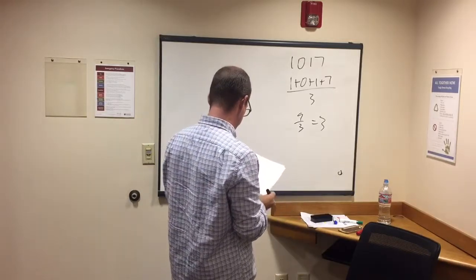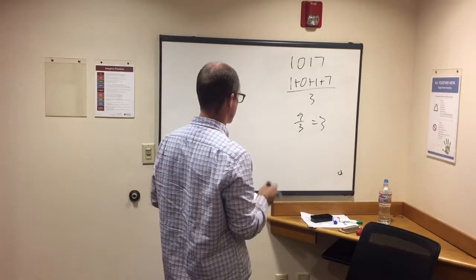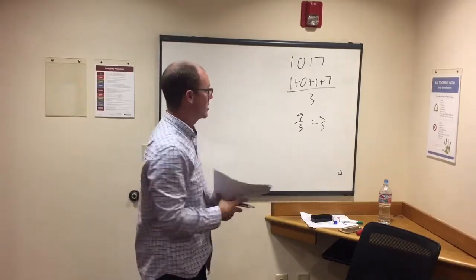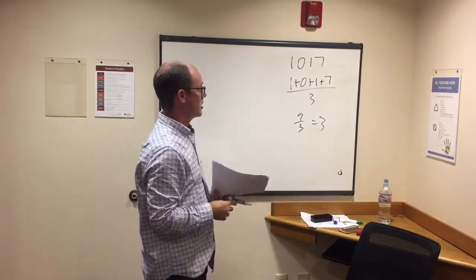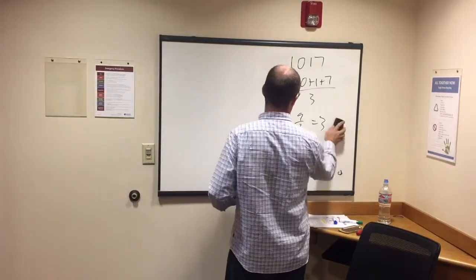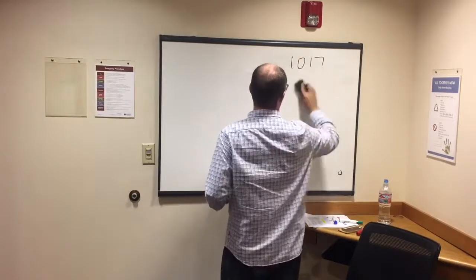Okay, but because the answer ends in an odd, no good, right? So hopefully that makes sense. If the answer ends in an odd, it is not divisible by 6. If the answer ends in an even, it is divisible by 6.